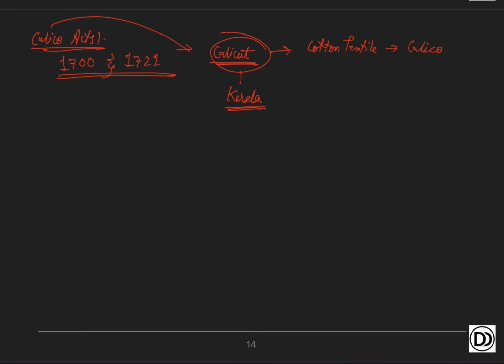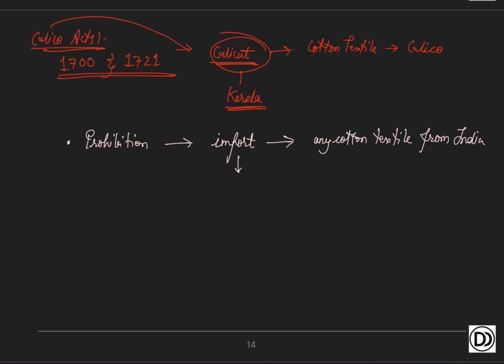Now both these acts aimed at prohibition of import of any cotton textile, more specifically from India.